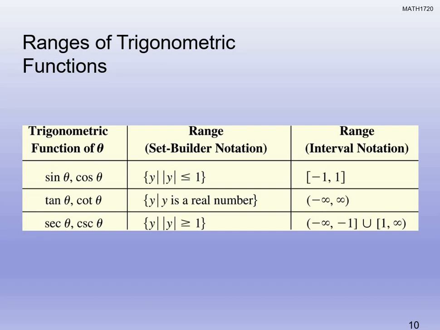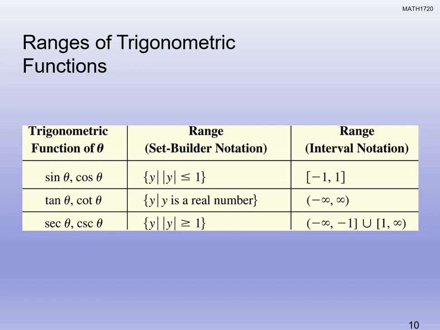Tangent, the range for tangent goes from negative infinity to positive infinity. The range for secant and cosecant looks kind of funny. It's a union. So I'm looking at the interval notation on the far right. We can go from negative infinity all the way up to negative 1 and include negative 1, and we can go from 1 to infinity.